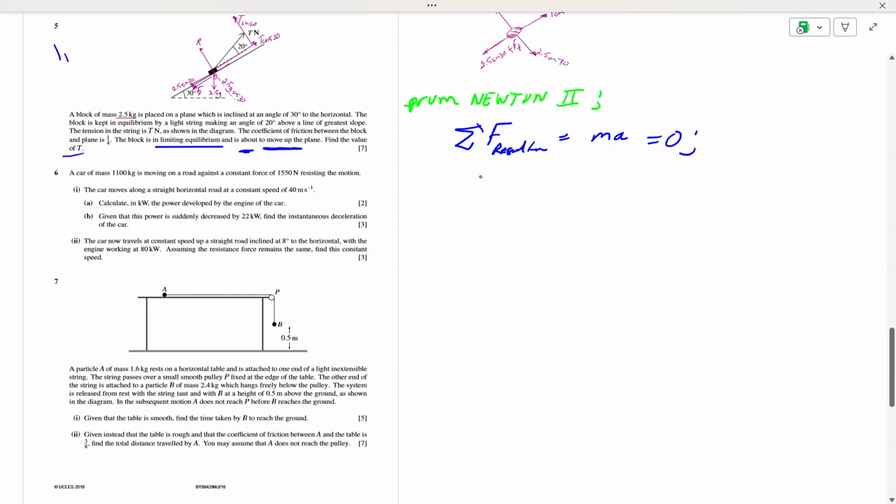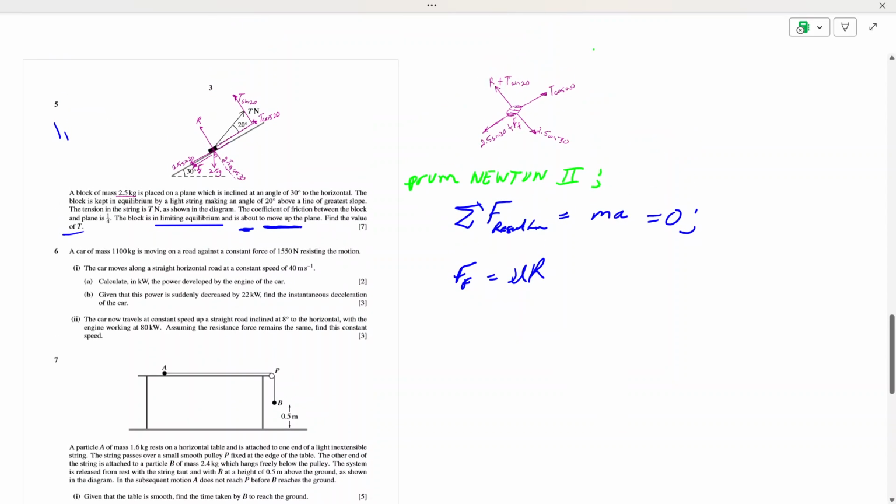But we also have to know that the friction is given by the formula mu R, and to get the R in this case, the reaction is going to be equal to 2.5.